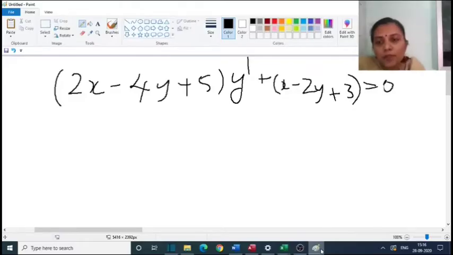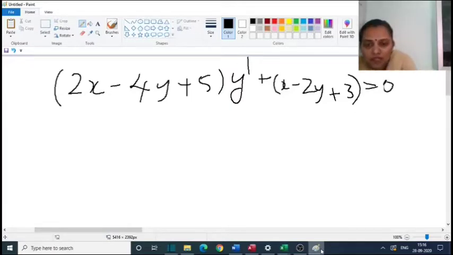Now let's move to the problems of type 2, that is, equations of the form (ax plus by plus l) divided by k into (ax plus by plus m). The first problem is to solve (2x minus 4y plus 5) y dash plus (x minus 2y plus 3) equals 0.